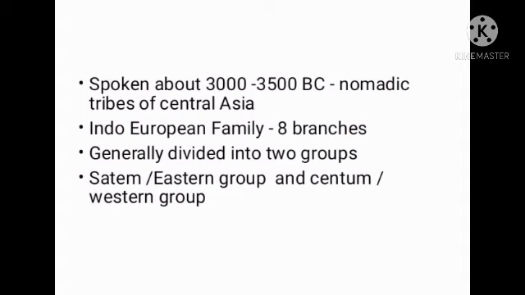The Indo-European was spoken about 3000 to 3500 BC by the nomadic tribes of Central Asia who wandered in the lands around the Black Sea. In course of time, these tribes split up and immigrated in different directions across the continent of Eurasia in search of new pastures and arable land.